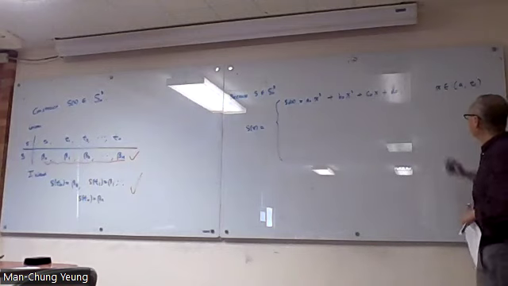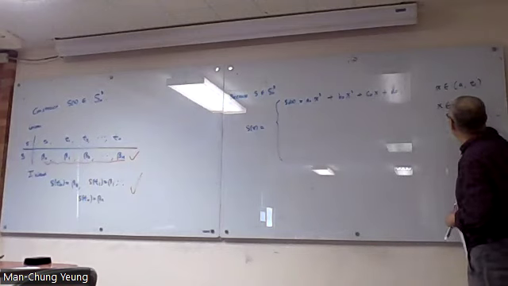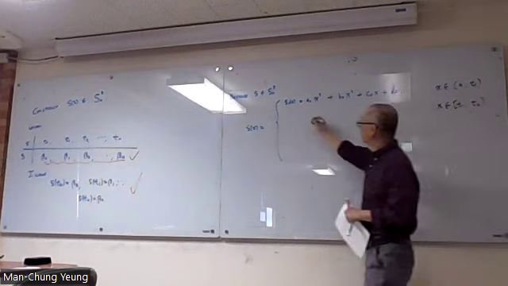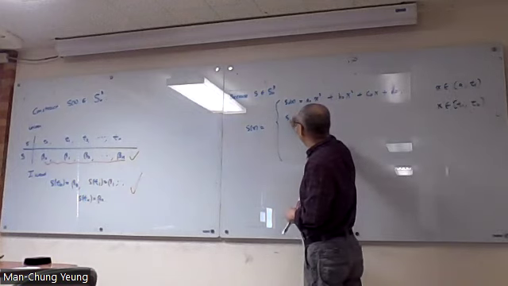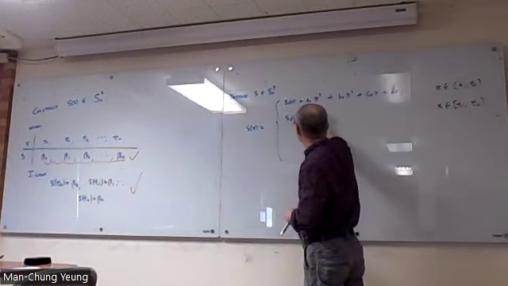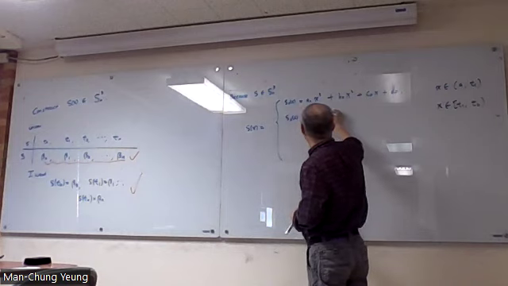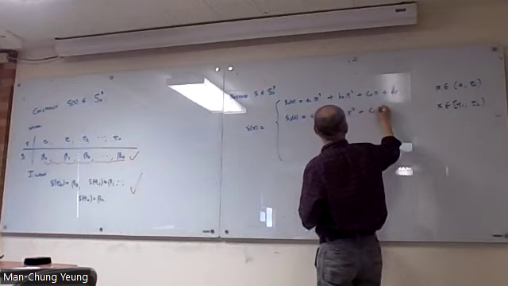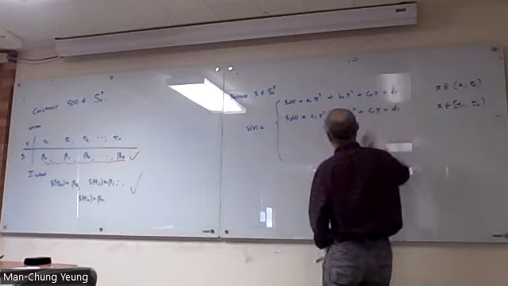Over the second subinterval, closed at T1 and open at T2, S1 is a polynomial A1, B1, C1, D1.